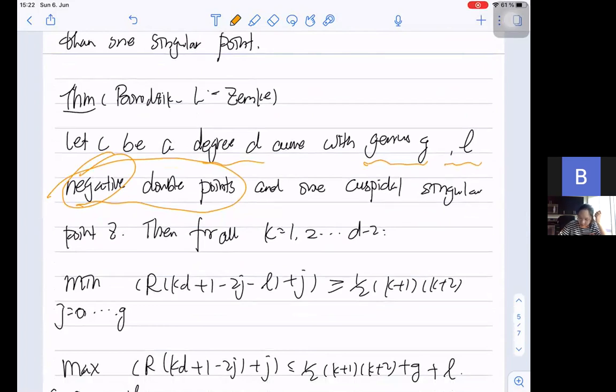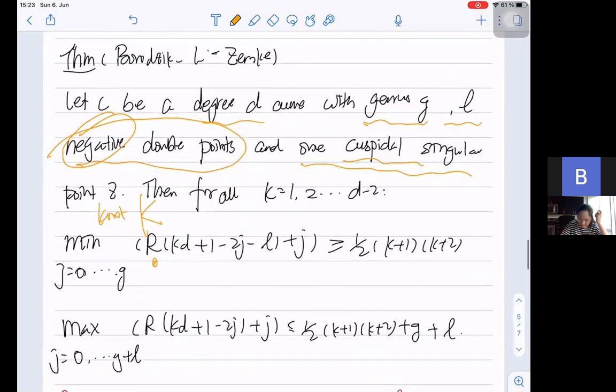And also we assume that it has one cuspidal singular point Z. This gives you the knot, the link of the singularity K, and because it's a cuspidal singular point, it corresponds to a one-component knot, which we just call the knot K. And this R function is also defined in terms of the V function of this K, so you can just regard it as a knot invariant regarding this singular point.